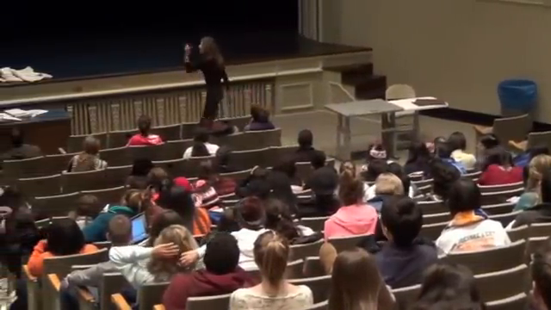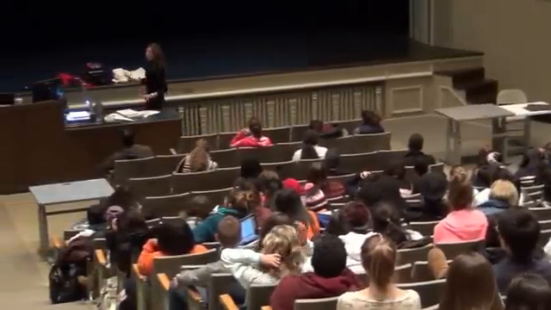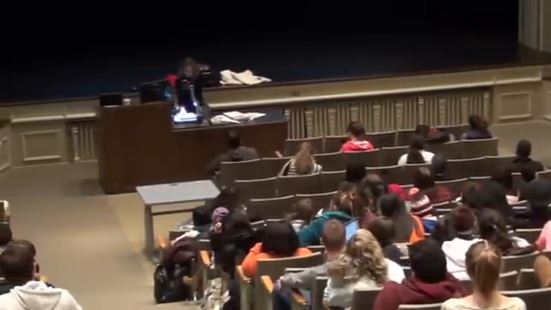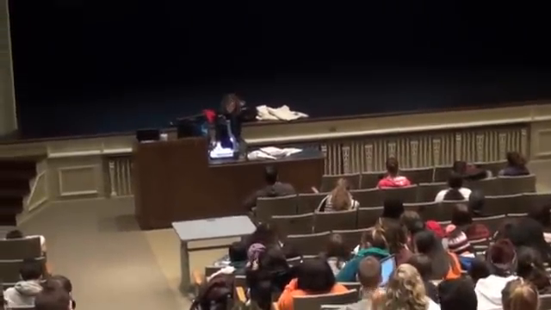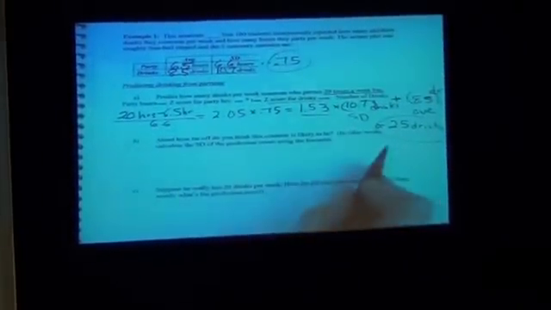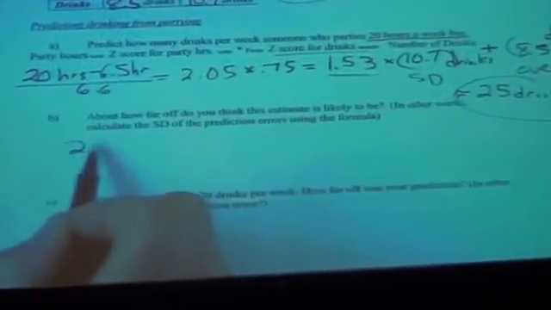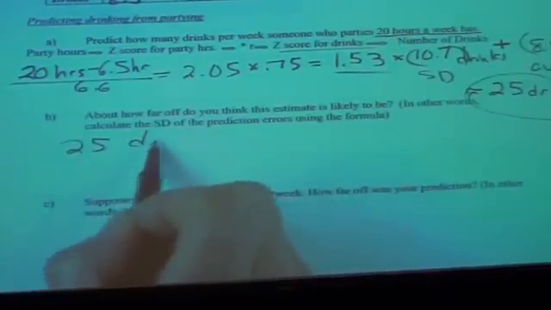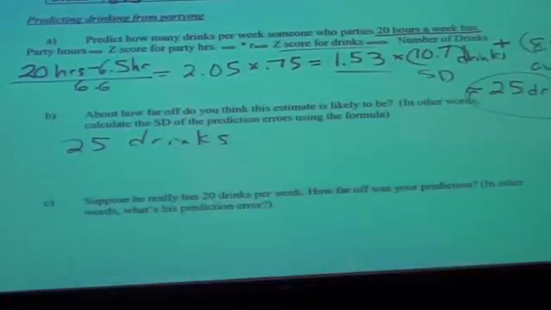But how far off do you think this estimate is likely to be? So I would estimate 25, but I wanted to put some margin of error around this. And that depends on what? What is this question asking me? When you give an estimate, 25 drinks, I'm not going to say right exactly on the nose.